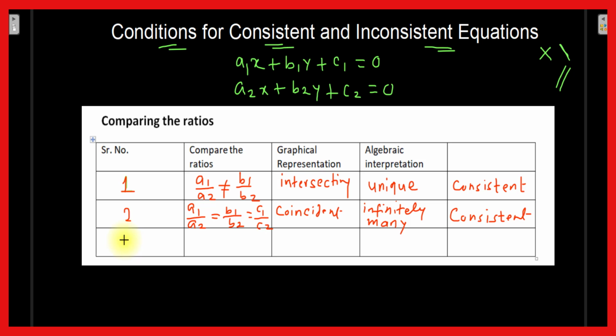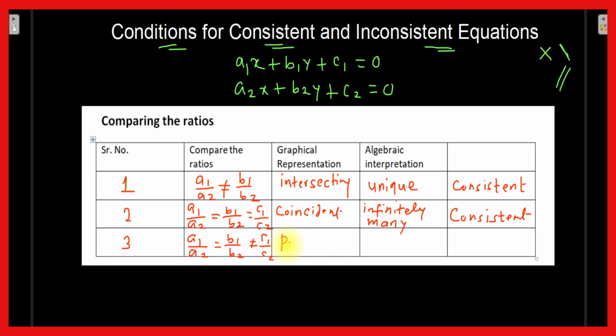And the third condition is that if a1 upon a2 is equal to b1 upon b2 is not equal to c1 upon c2, it means that the ratio of the coefficients of x and the ratio of the coefficients of y are equal, and the ratio of the constant terms is not equal, then they will be parallel lines.